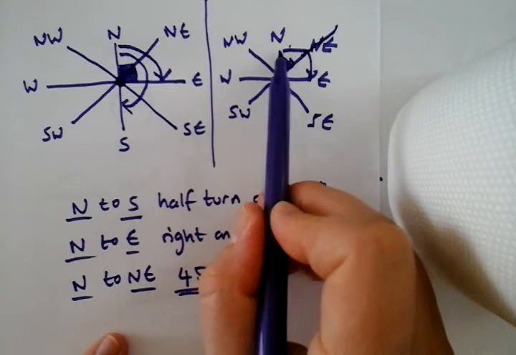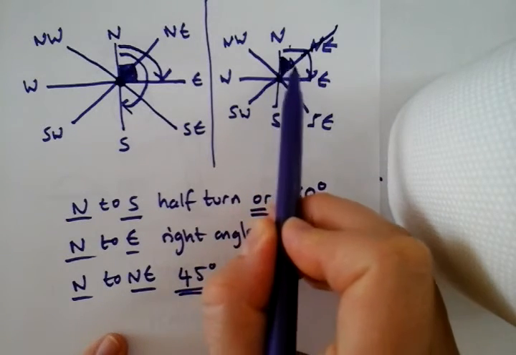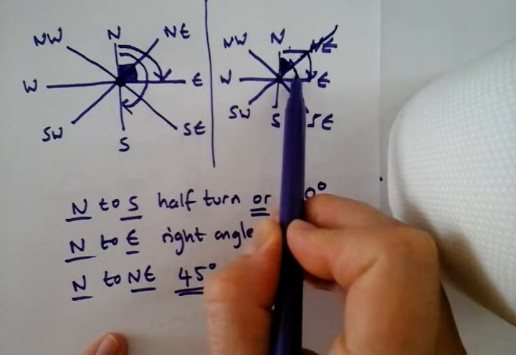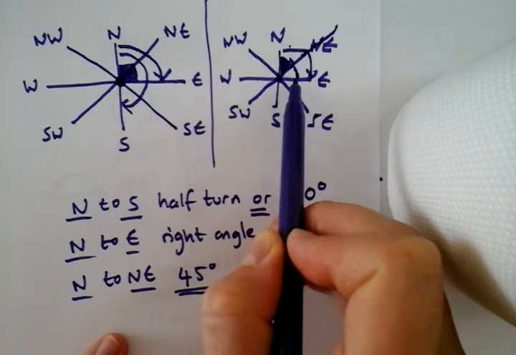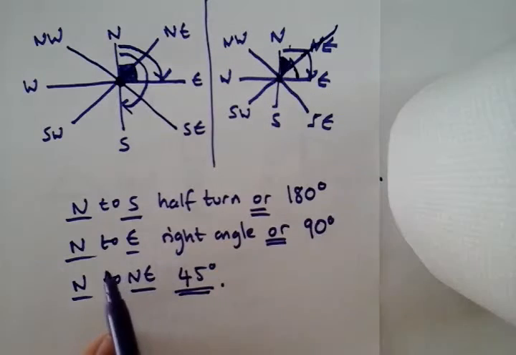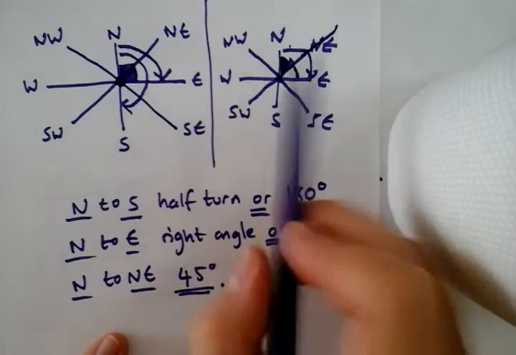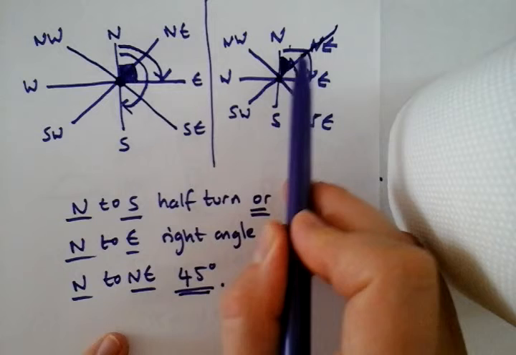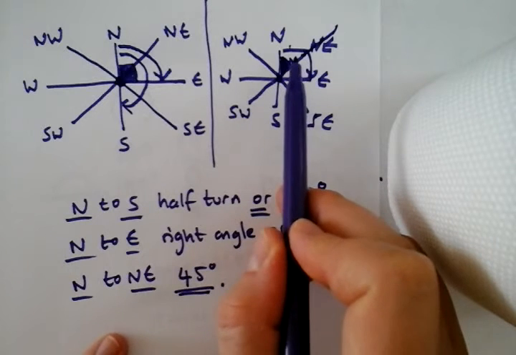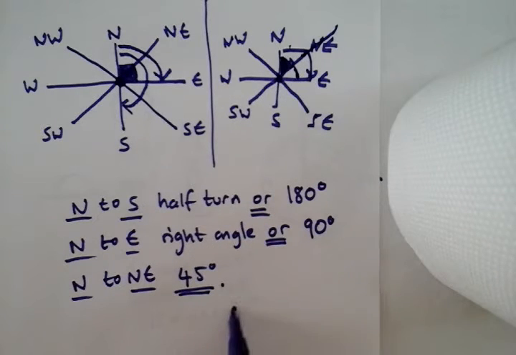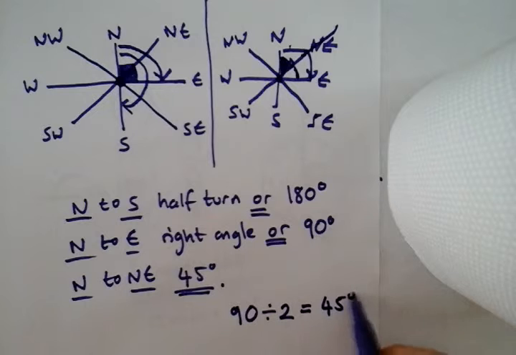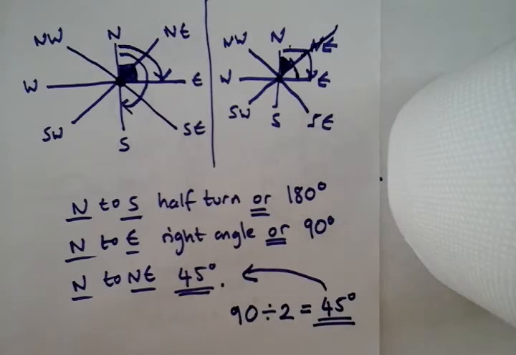They're saying north to northeast is 45 degrees. So if I did 90 divided by 2 to get half, it is 45 degrees. And that's how they got 45 degrees.